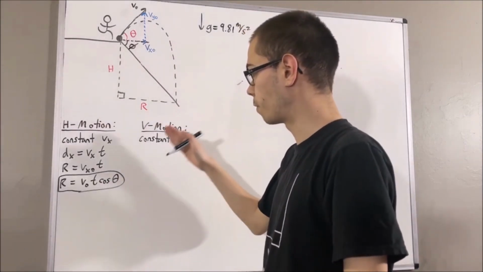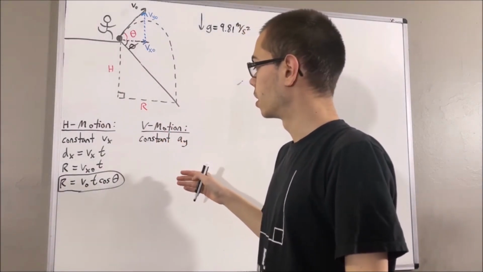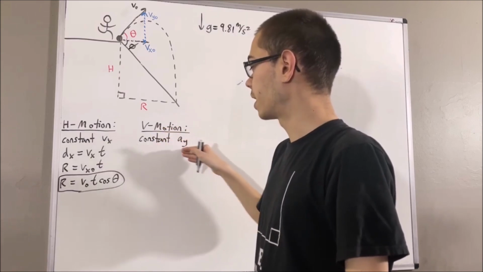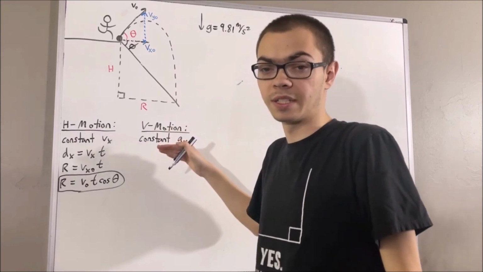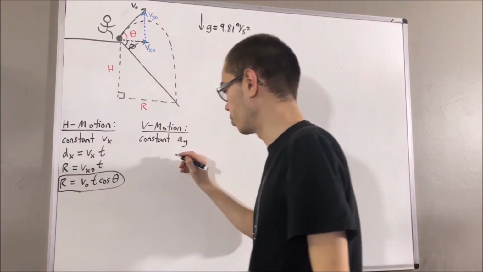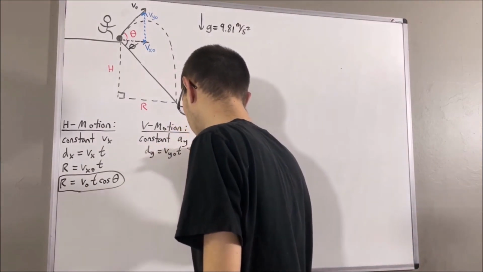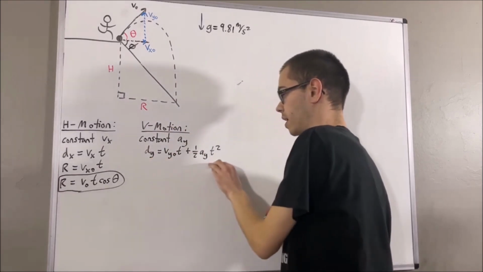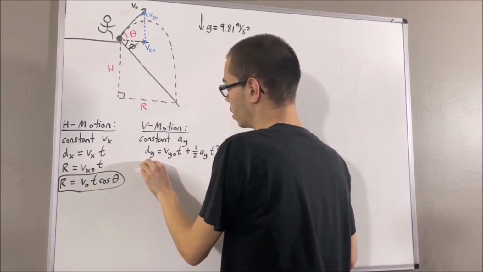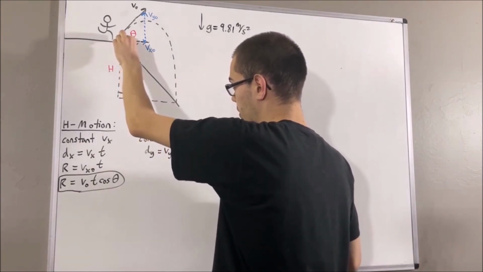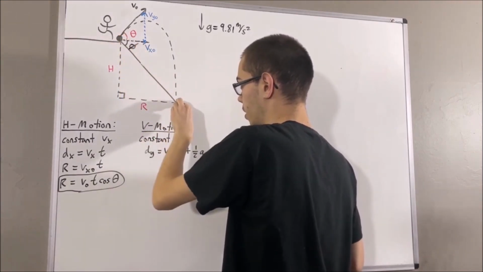Now let's analyze the vertical motion of the ball. We're dealing with constant acceleration in this case, so we can use one of our kinematics equations. And the kinematics equation we're going to use is the following. Now, the vertical displacement of the ball is the vertical displacement from this point to this point.